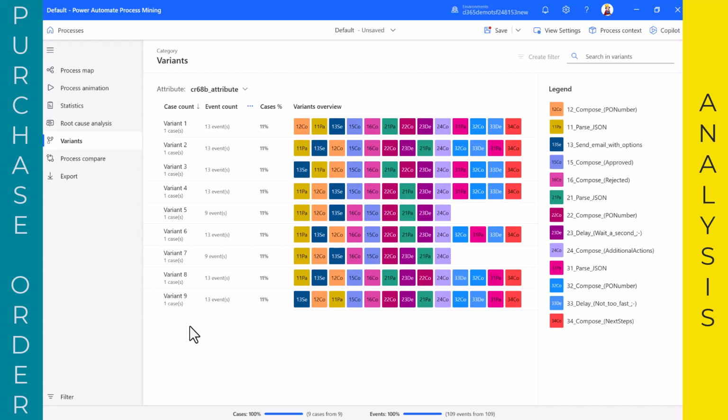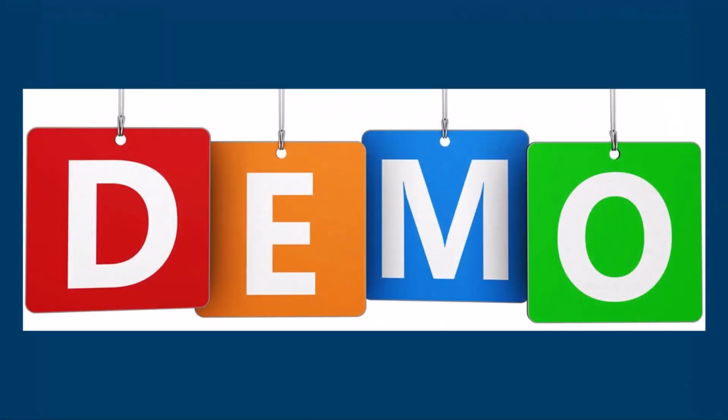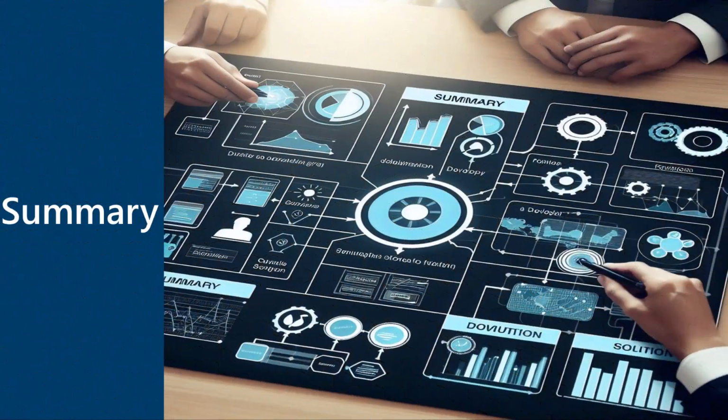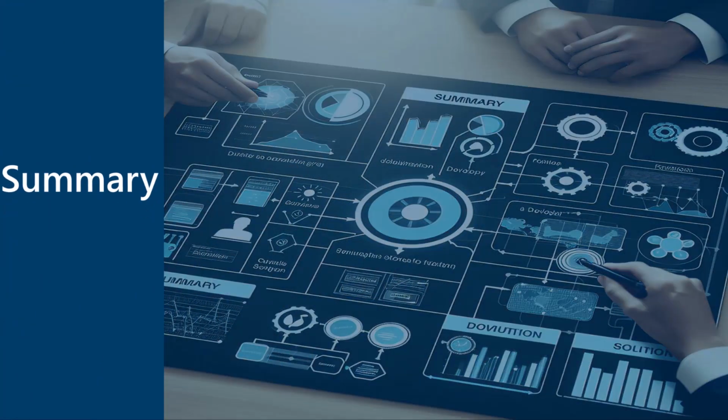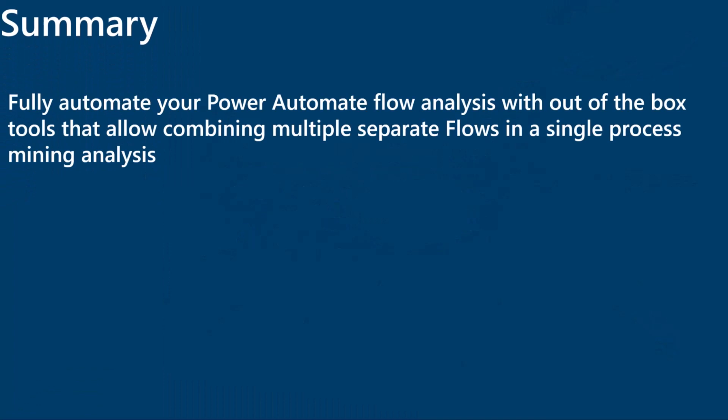Thanks for watching this. And now let's go back to the PowerPoint to close this post. Okay, so after this demo, let's make a short summary of what we saw in this and the previous part. I tried to generate everything in a single sentence. So what I showed you is that you can fully automate your Power Automate flow analysis with out-of-the-box tools that we have.